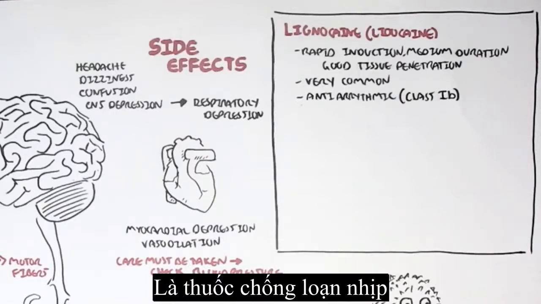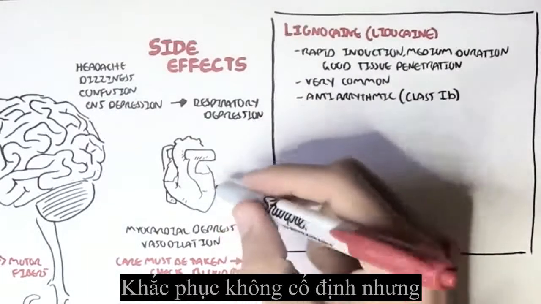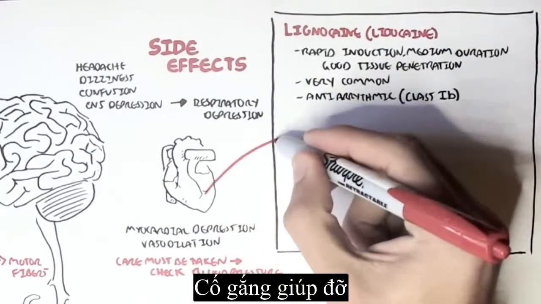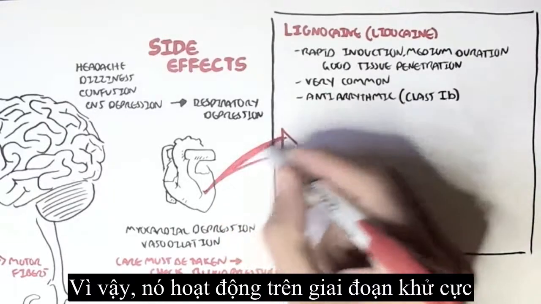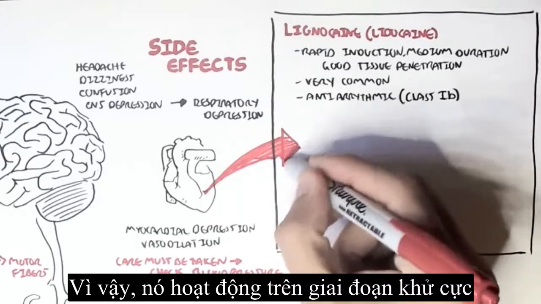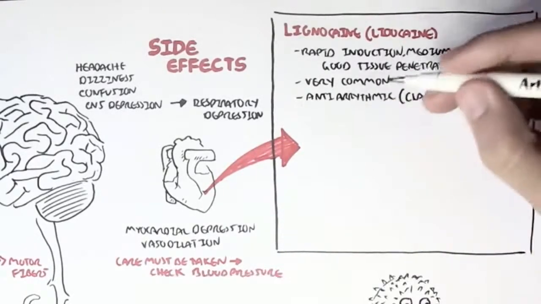As an antiarrhythmic drug, it tries to help in arrhythmias. So it works on the depolarization phase, rapid depolarization phase of the ventricles.